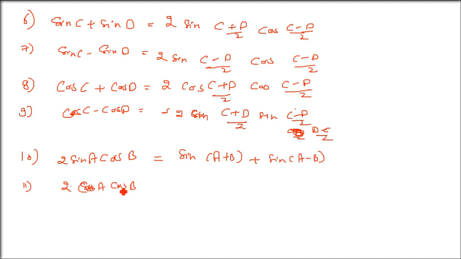There are others also, 2 cos a sin b, 2 sin a cos b also. So we have 2 cos a sin b, and this is going to be cos(a−b). This is for 2 cos a cos b. Okay, this is not for 2 cos a sin b. This is for 2 cos a cos b: sin(a+b) plus sin(a−b). So I just needed a correction there.